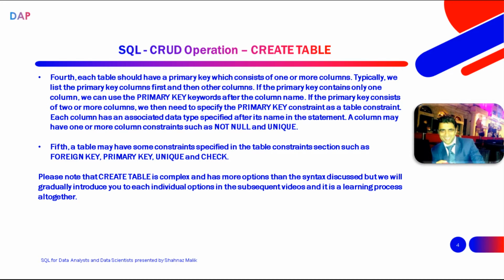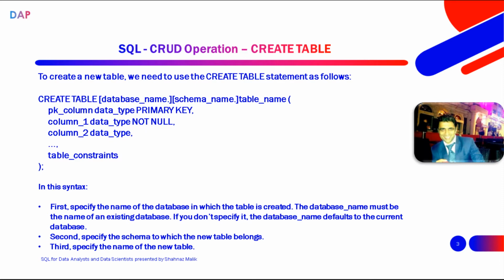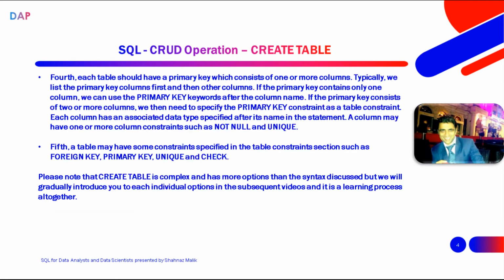That's what I have already shown you. If you give the column name, you show what data type will be stored in that column. And a column may have one or more column constraints such as NOT NULL and UNIQUE. A null value basically means the value is absent.